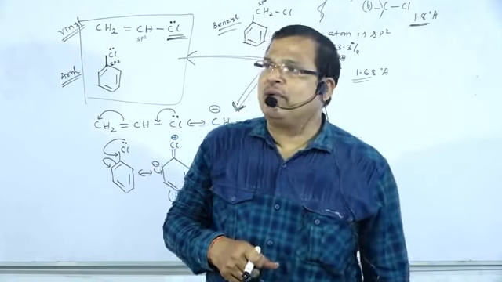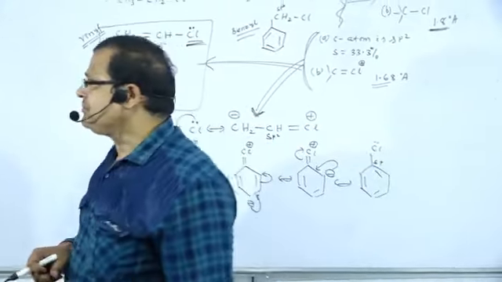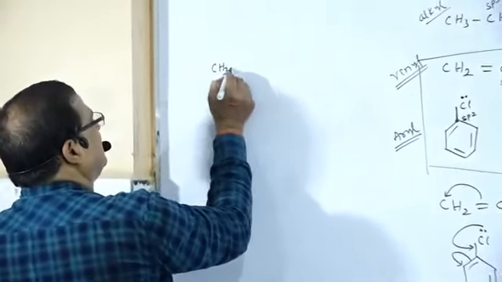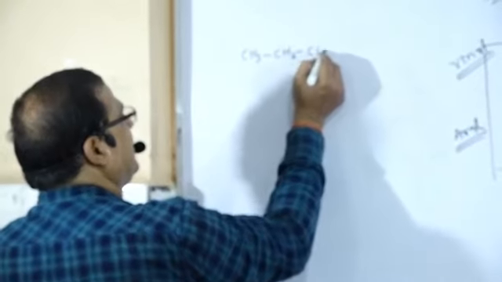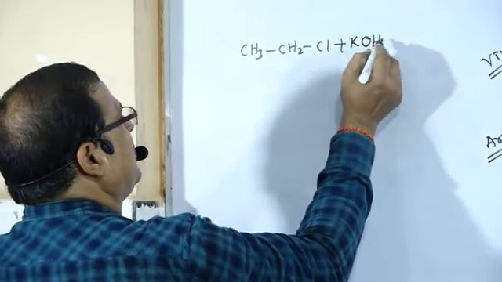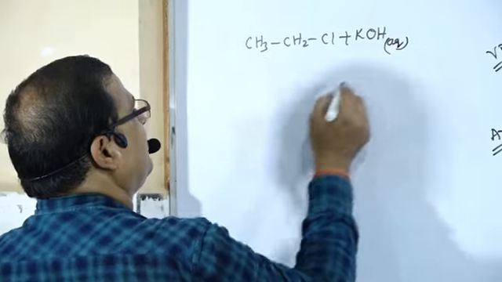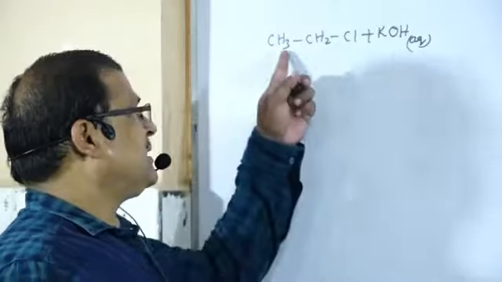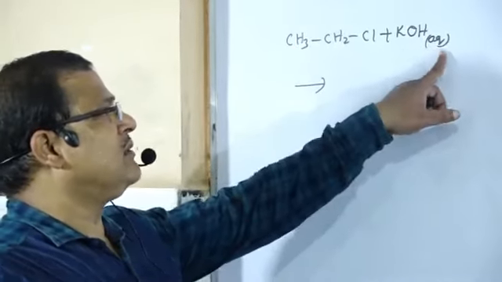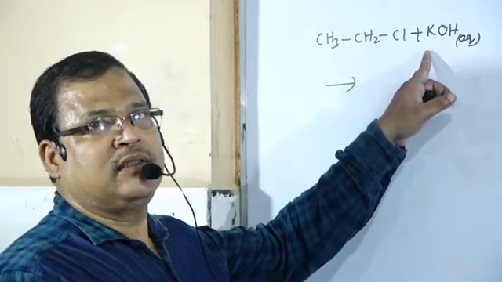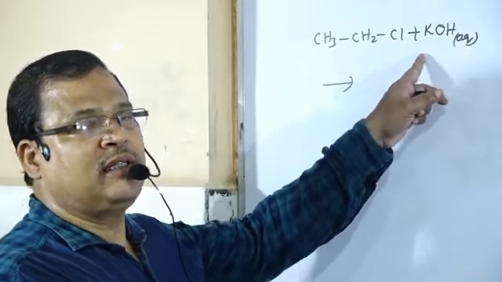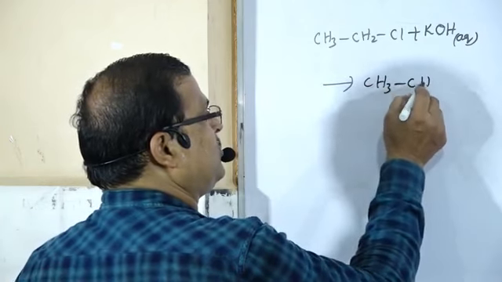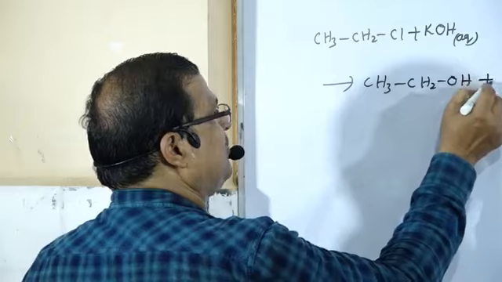For example, take CH3CH2Cl plus KOH, aqueous KOH, at ordinary conditions. This gives CH3CH2OH plus KCl.